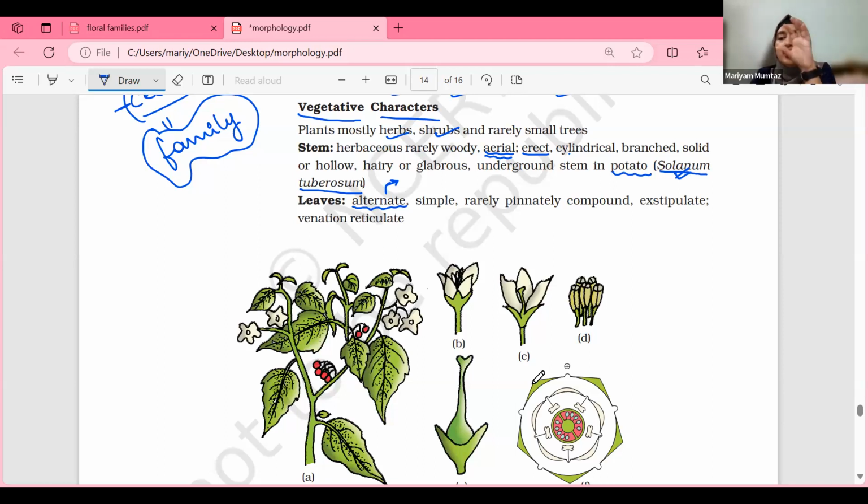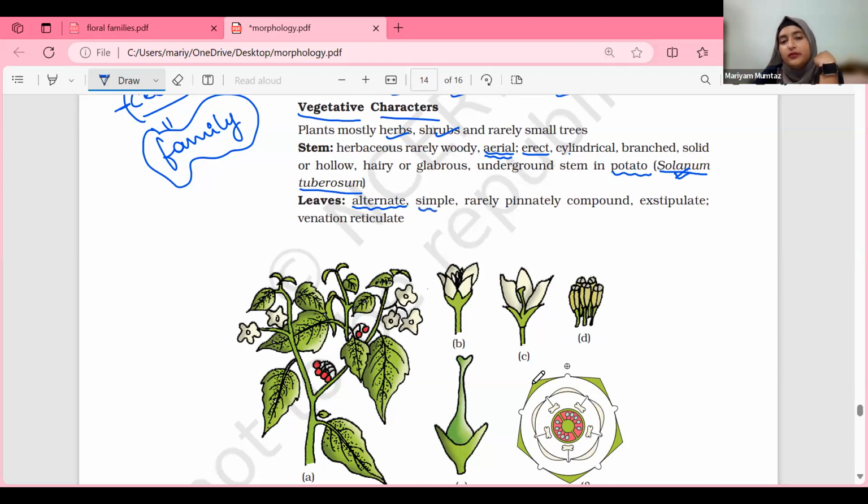And these three together are the arrangement of leaves. What is the arrangement of leaves called? Phyllotaxy.